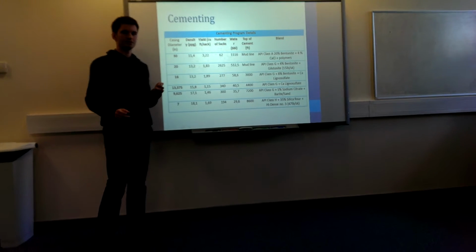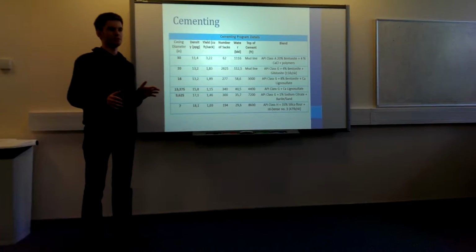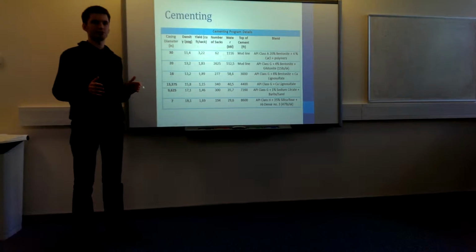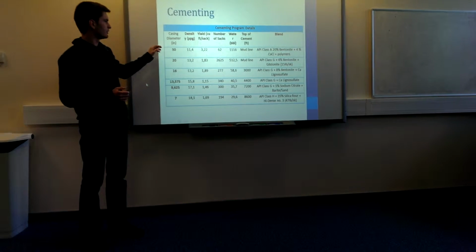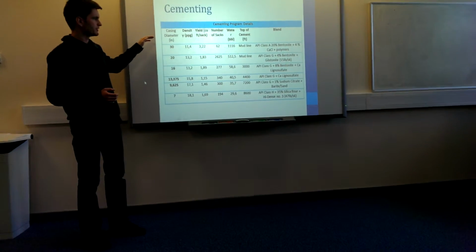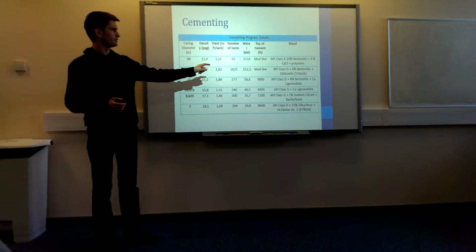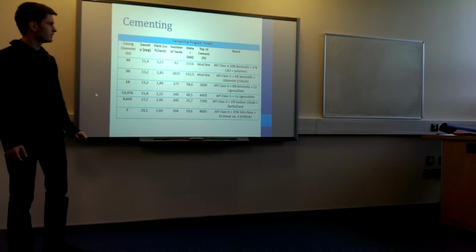The cementing program is quite important because it contributes to the integrity and reliability of the well, and also isolates problematic zones. In the first step, we cemented 2 casings up to the mud line, that means to the sea bottom. Other wells were cemented only up to a certain reference depth, which is shown in this table.